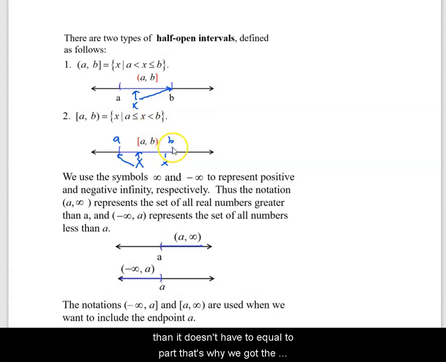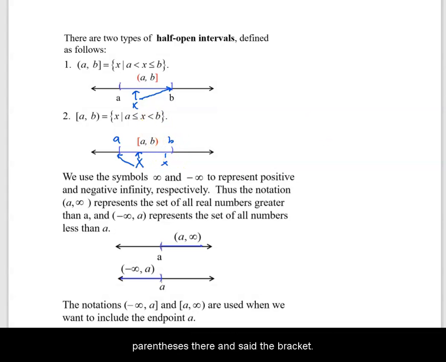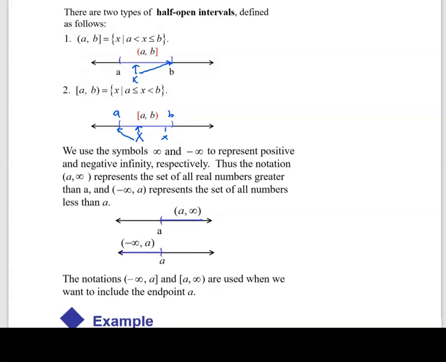It doesn't have the equal to part, and that's why we've got the parentheses there instead of the bracket.